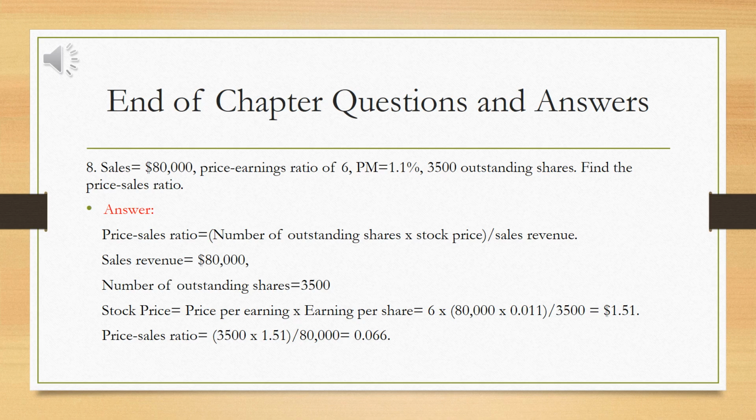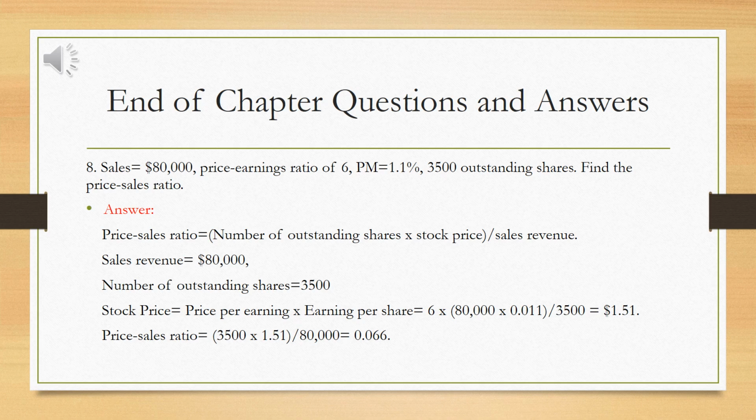The stock price equals price per earning times earnings per share. Price per earning is 6 according to the given, and earnings per share equal sales times profit margin over number of outstanding shares. So the stock price equals 6 times 80,000 times 0.011 over 3,500.